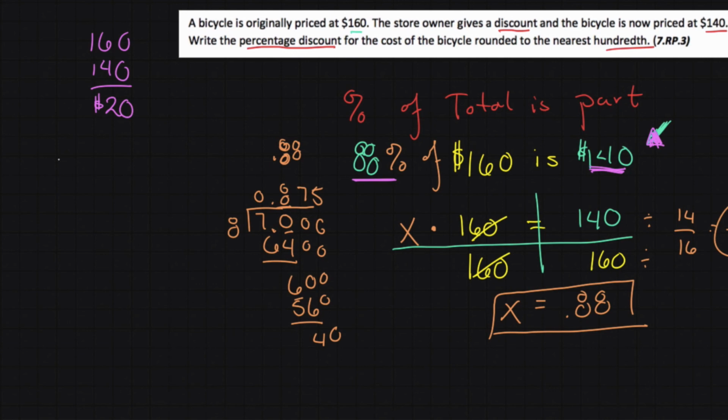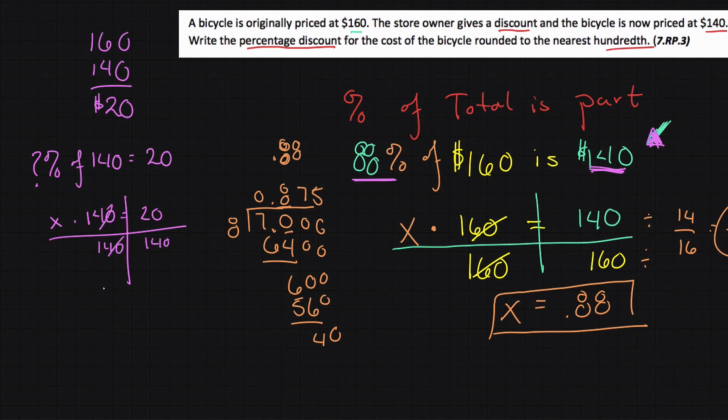And I could have done the same problem, asking what percent of 140 is 20. And gone through the same problem, saying x of 140 is 20, dividing both sides by 140.